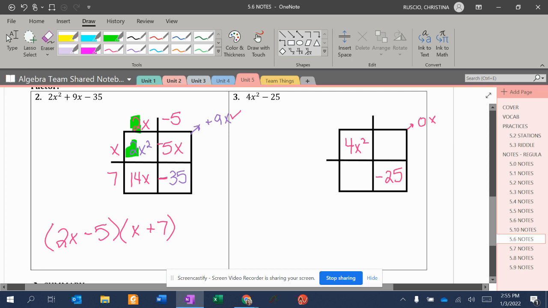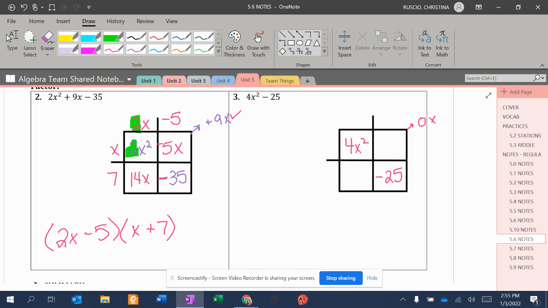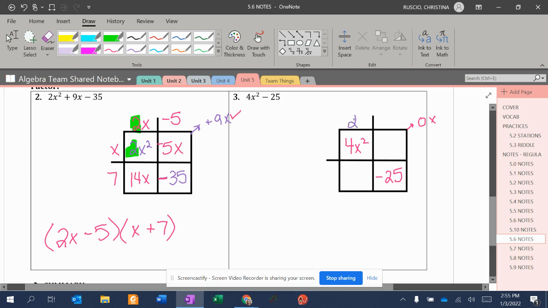So to me, this is another one of those special kinds of questions where the sides of the boxes should be the same, just with the opposite sign in between separating the two terms. So 2x times 2x is 4x squared. 5 times 5 is 25, but remember, one of them has to be negative.